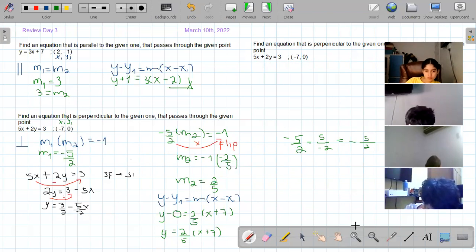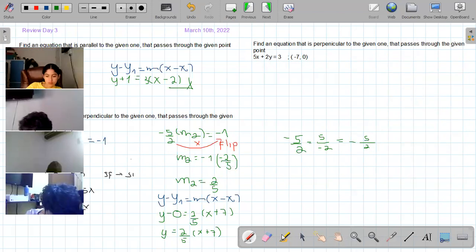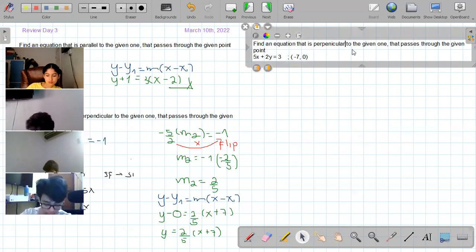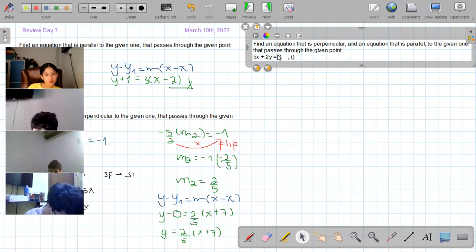Okay, now I'm going to move you to the other side. I'm going to rewrite my exercise. And I'm going to say, find an equation that is perpendicular and an equation that is parallel to the given one that passes through the given point. And what is going to be my given point? My given point is going to be 5, 3.